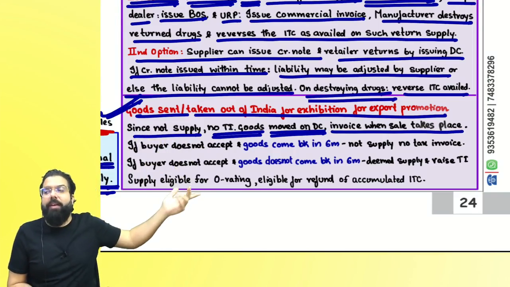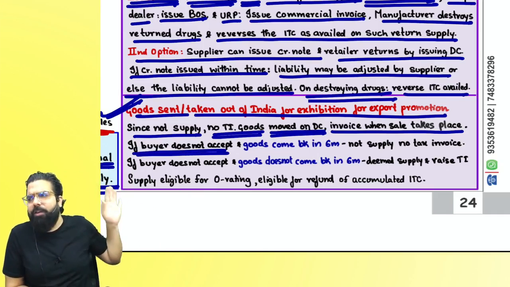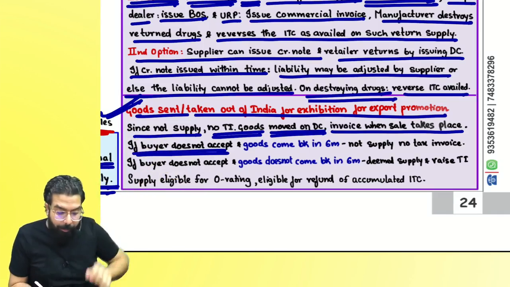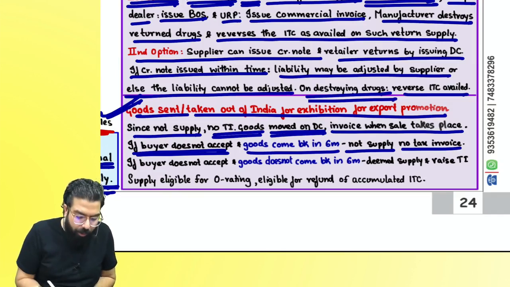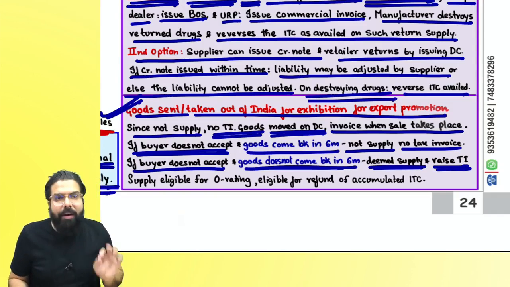Invoice when the sales takes place. Sir, if sale doesn't take place, do one thing. If nobody goes ahead and buys it, if the buyer does not accept it, you took it for showing it to someone, he did not accept it, please bring it back within 6 months. It is not a supply and no tax invoice required. But if buyer does not accept and goods don't come back, it will be deemed as supply and you have to raise a tax invoice.